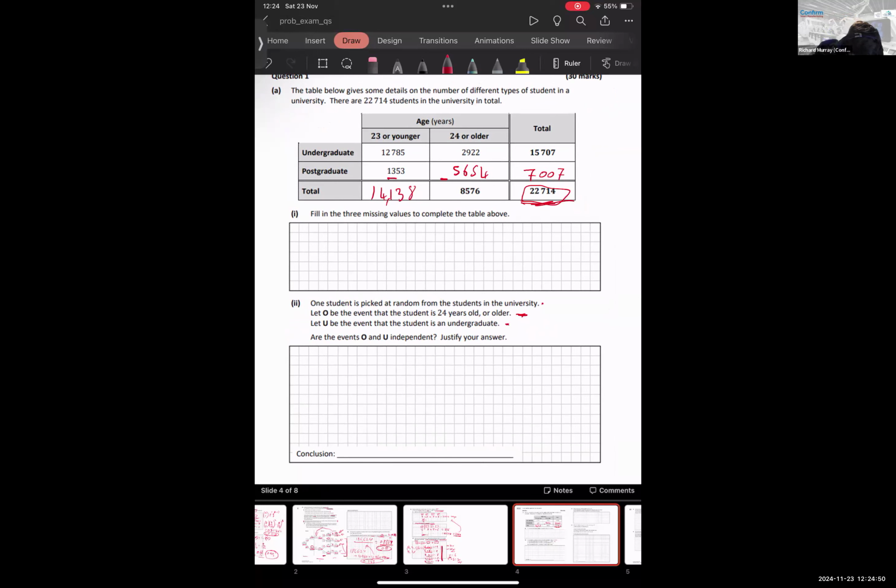So it's going to be probability of, sorry, I'm taking the wrong case. The probability of you being an undergraduate is 15707 divided by 22714. So the total number of undergraduate students divided by the total number of students.